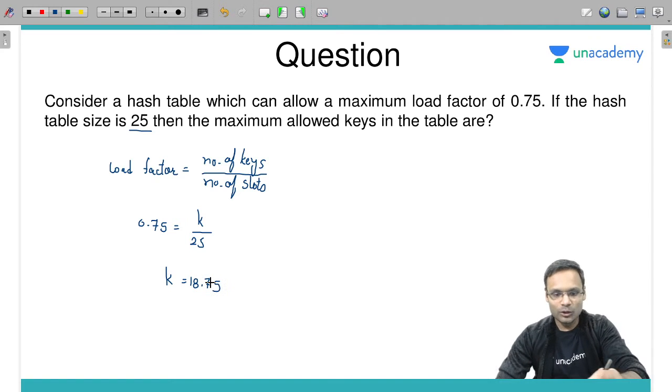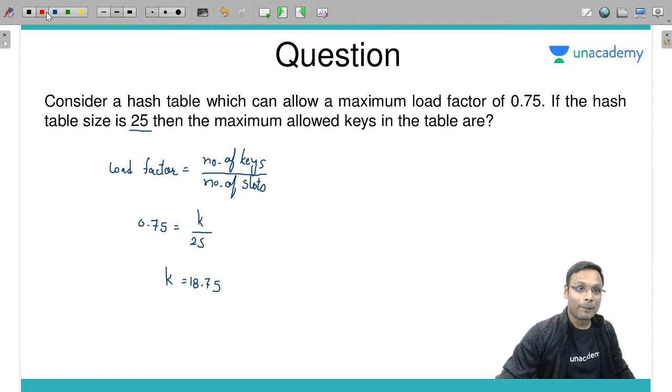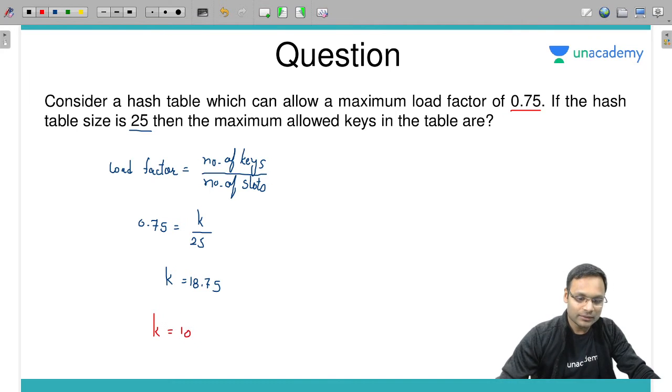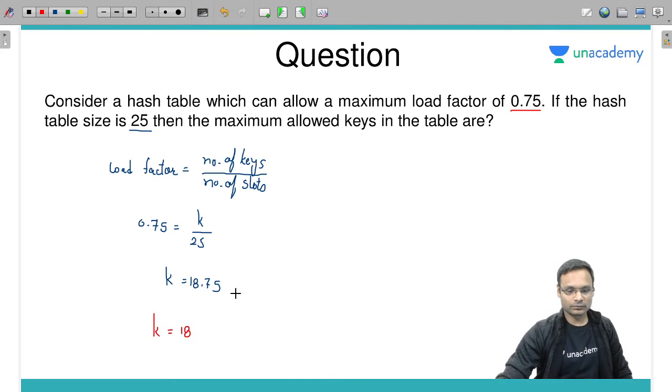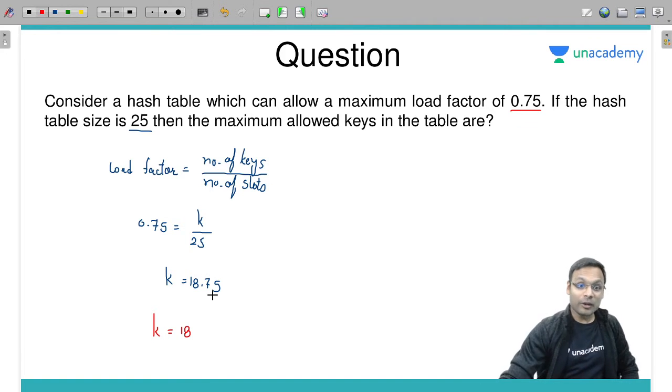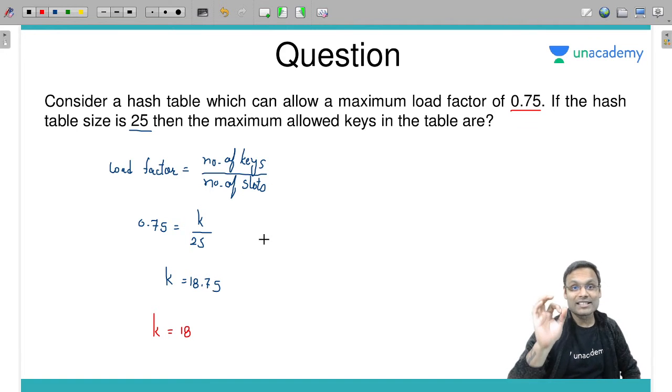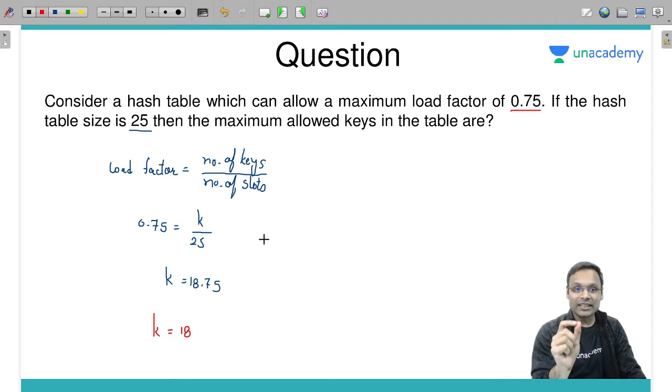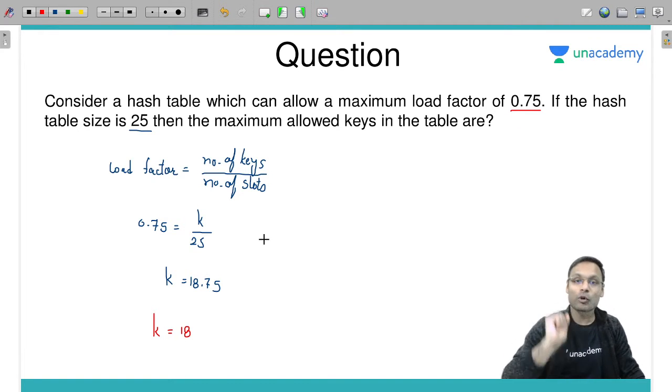Now if K is equal to 18.75, can you tell me what is the maximum number of keys you should have so that your load factor will not go more than this? Key is equal to 18. Understood why this 0.75? If you have inserted 19 keys, 19 keys will have load factor more than 0.75.